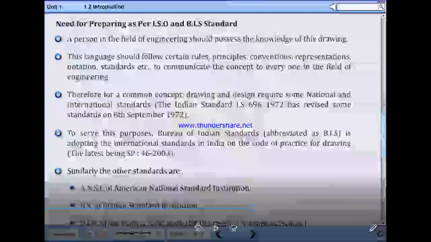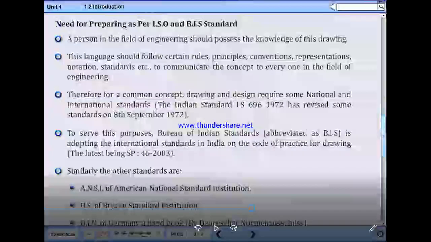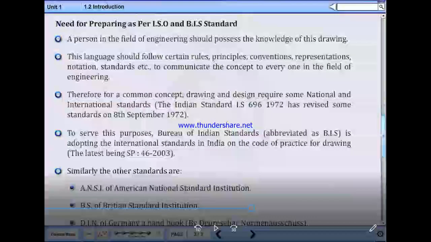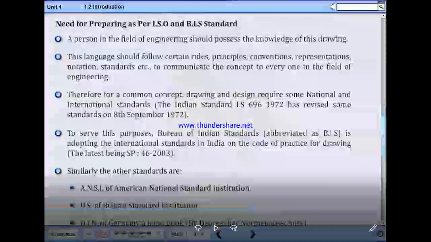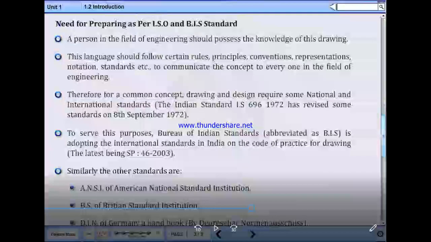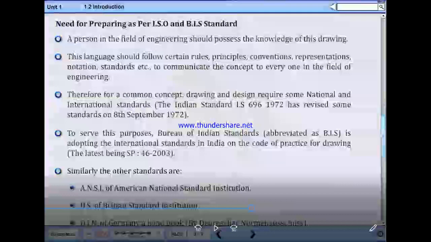To serve this purpose, the Bureau of Indian Standards, abbreviated as BIS, is adopting the international standards in India on the code of practice for drawing, the latest being SP 46 2003.